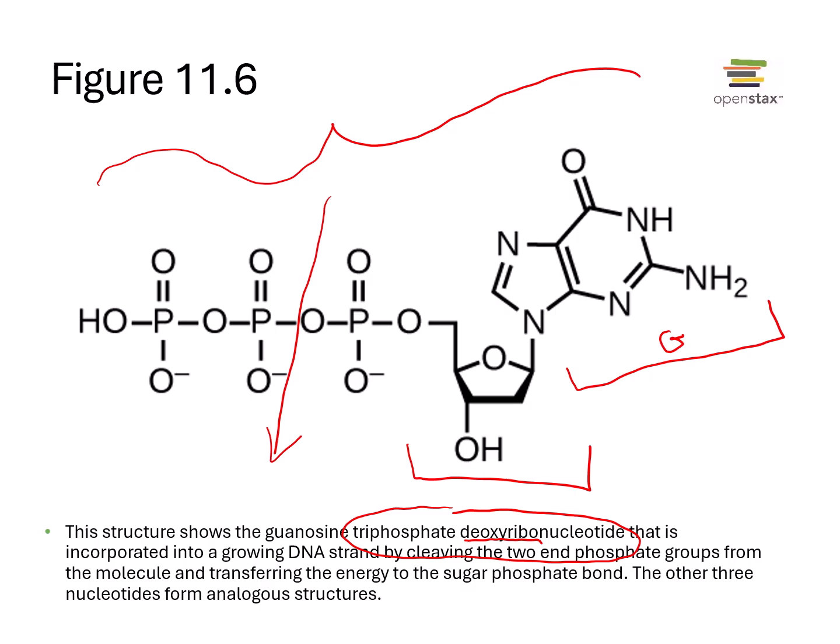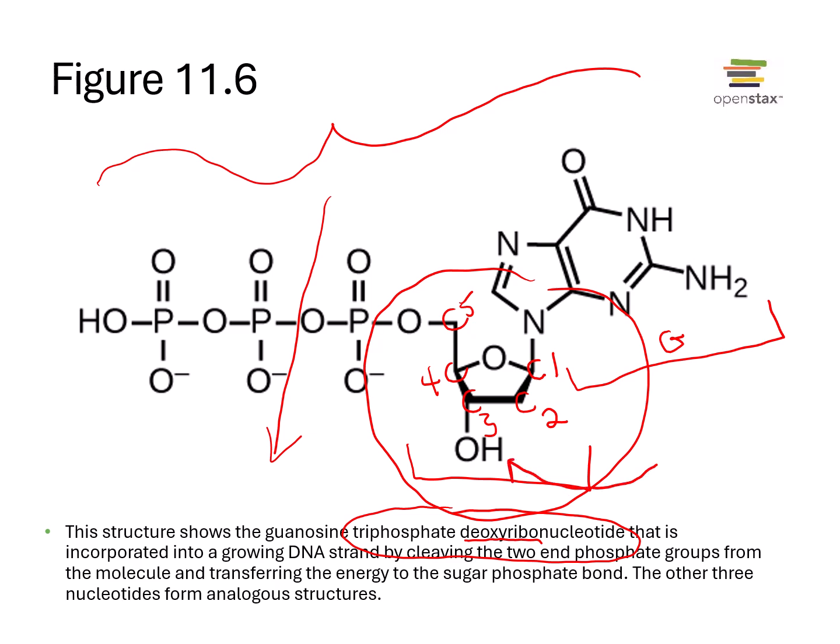Remember also that in the deoxyribose sugar, there are carbons, and the carbons are numbered. This is carbon number 1, 2, 3, 4, and 5 for our deoxyribose sugar. And you can only grow DNA by adding additional nucleotides on the 3' end.